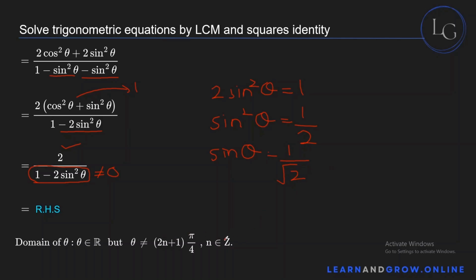So n can be any natural number, and once you plug in that value, you get a value of theta that gives you 1 by under root 2 for sine theta, and in general that just means that the denominator over here becomes 0, and so that is why it is not in the domain of theta.